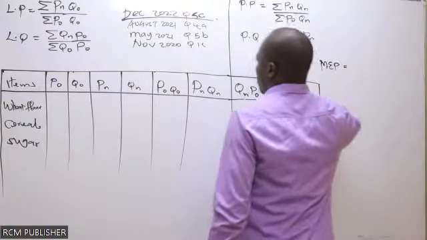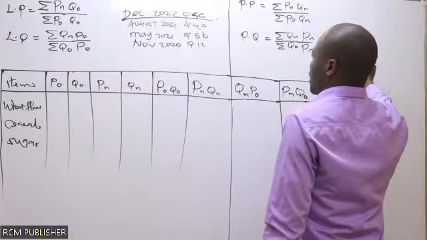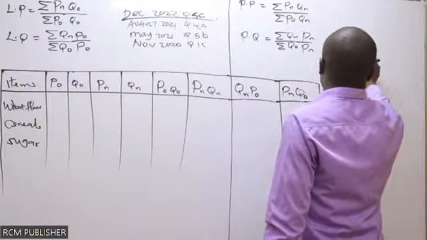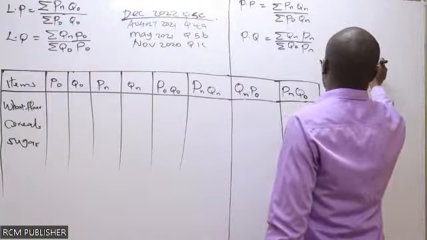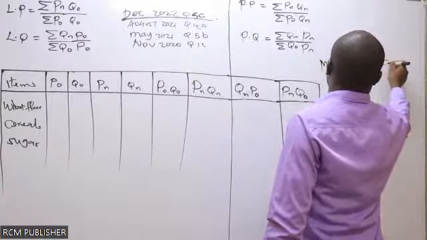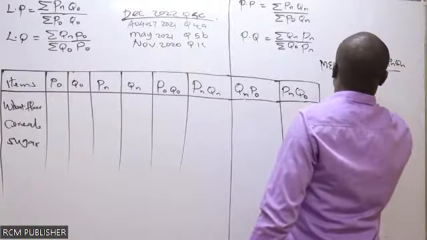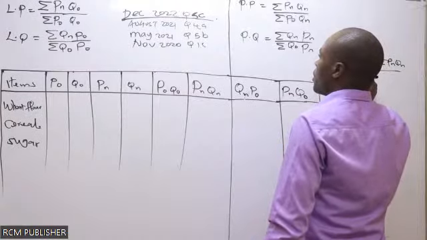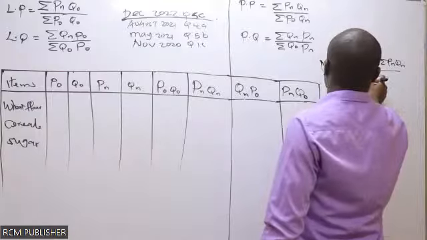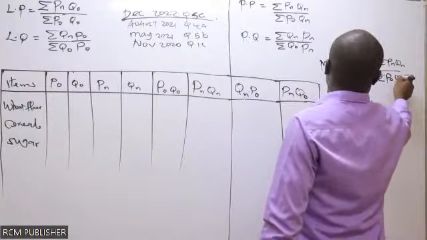So the summation of this one here and this, which we are going to get as summation of PN QO plus summation of PN QN over summation of PN QO plus summation of PO QN.